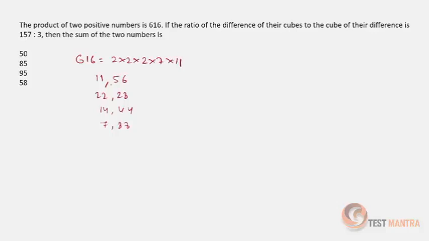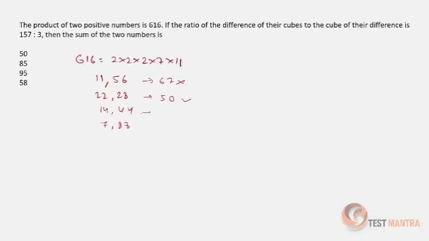Here, if we take the summation, 56 plus 11 is nothing but 67, right? Anyway, this is not there in the options. This is 50, which is available there, right?